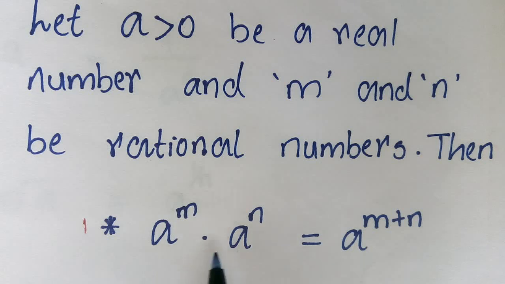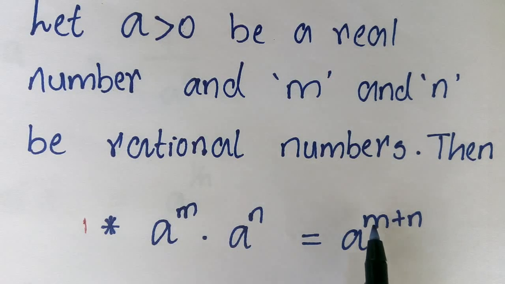Here a is called the base, m and n are exponents. In LHS, the bases are same but the exponents are different. So in RHS, base is same but we need to add the exponents.